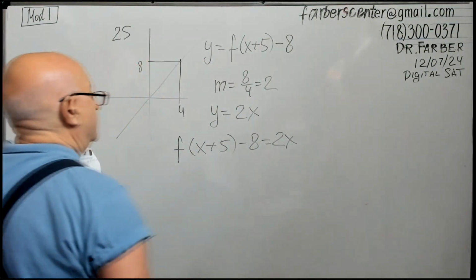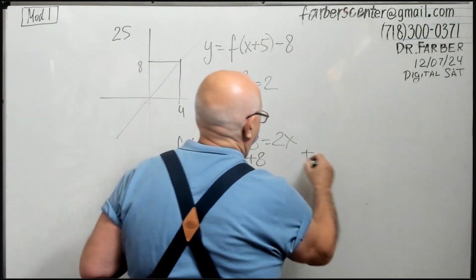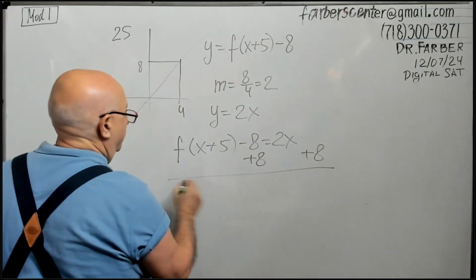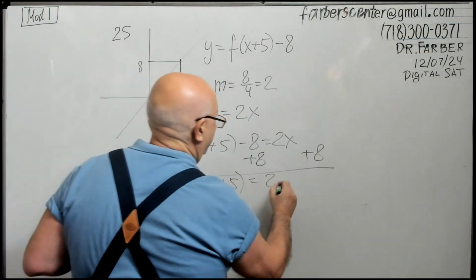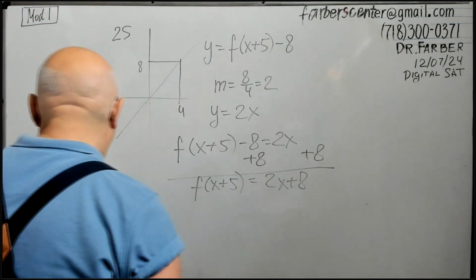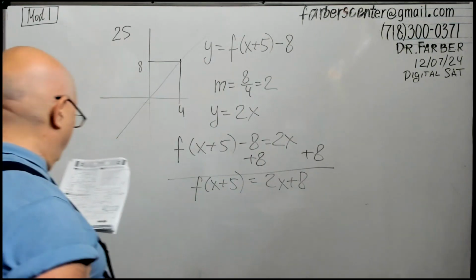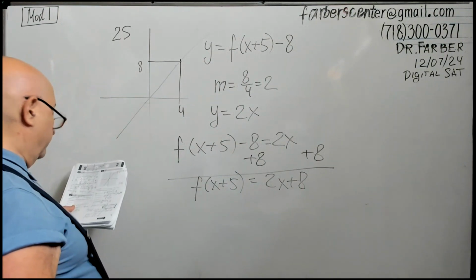So far, so good. If you add 8 to both sides, look at what we have: f of x plus 5 equals 2x plus 8. We got this one. Now they ask you to find f of x.